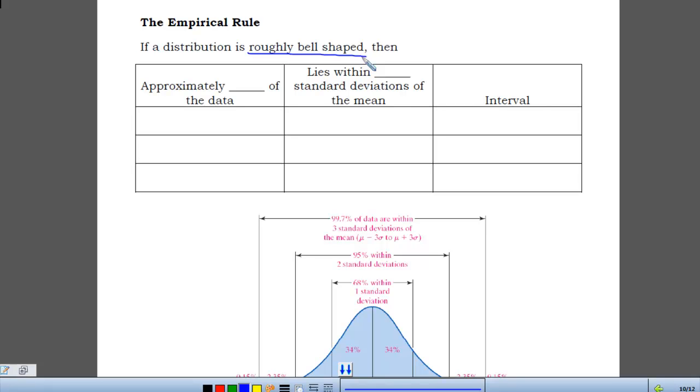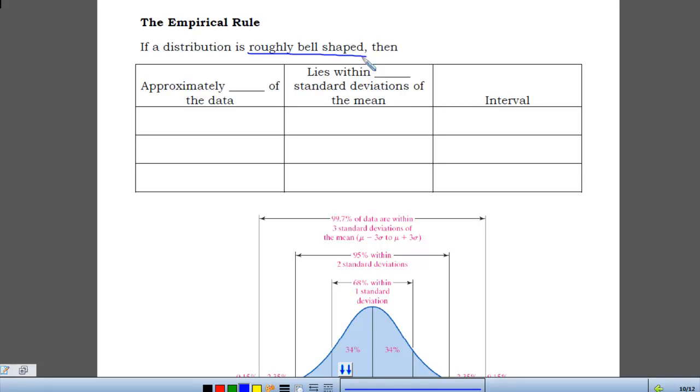When we were talking about the distributions, this looks like what kind of data? Normally distributed. Bell-shaped, mound-shaped, which is a pretty poor descriptor, but sometimes used, and normally distributed. Those are pretty much all the same. So it applies to that type of data.